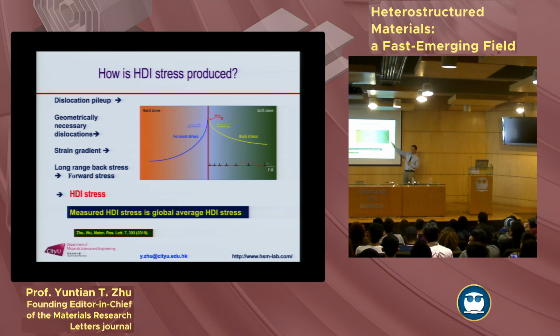From our textbook, when you have a Frank-Read dislocation source, it emits dislocations, they all get stopped by this zone boundary, this hard zone, soft zone. Of course, when we deform it together, the soft zone will start deformation first. We'll start the Frank-Read source first.